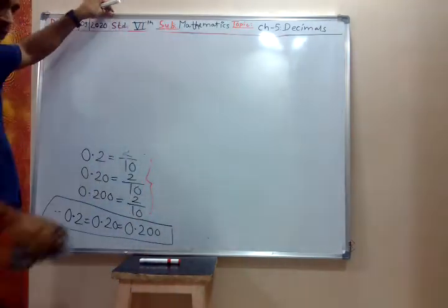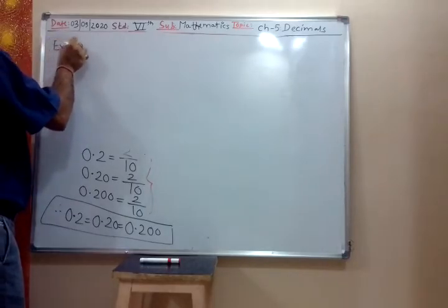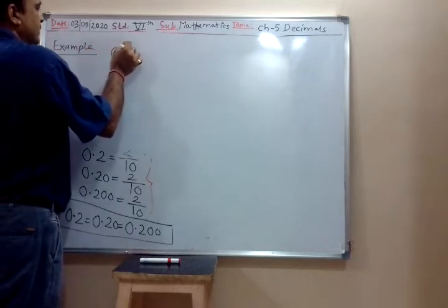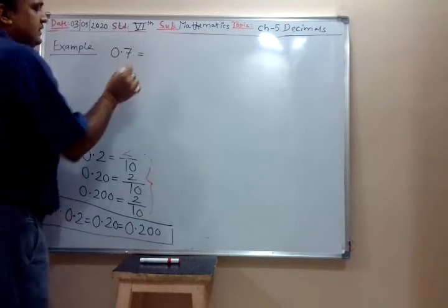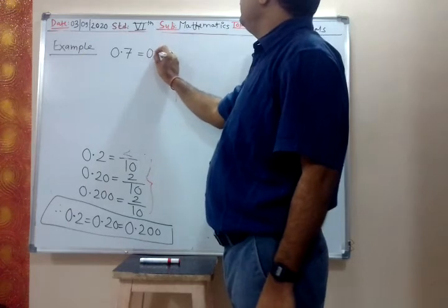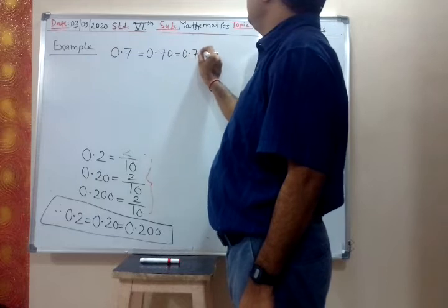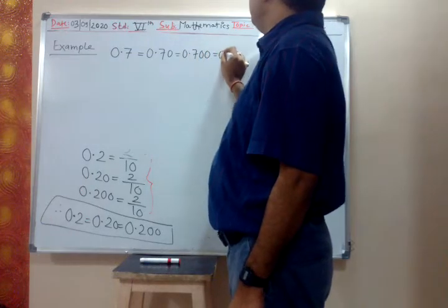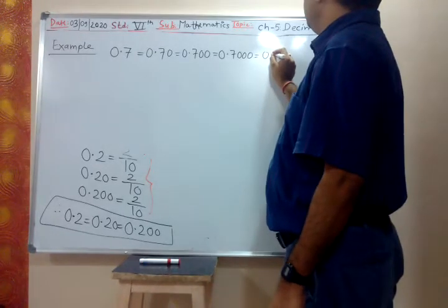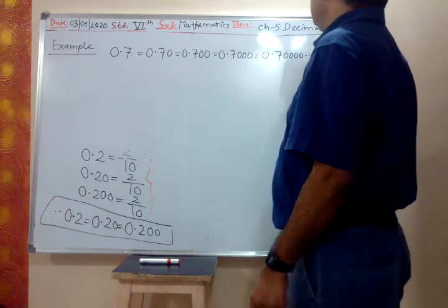Let us take an example: 0.7 is the same as, if we add 0 to the right of the decimal, 0.70. Again we add 0, 0.700. Again we add 0, 0.7000, and again 0.70000, and that way you can continue.